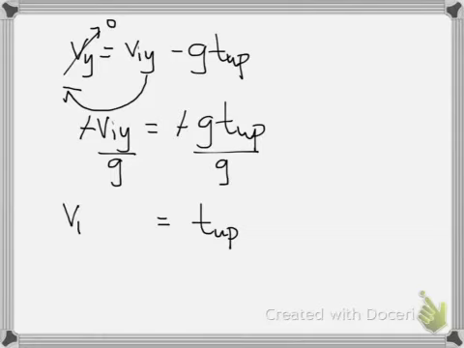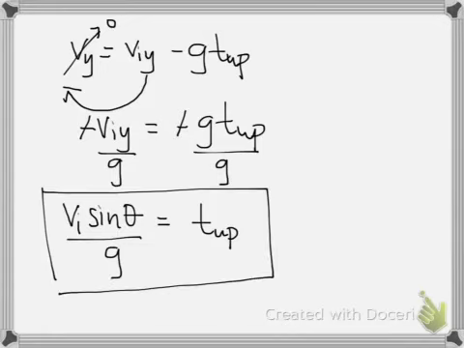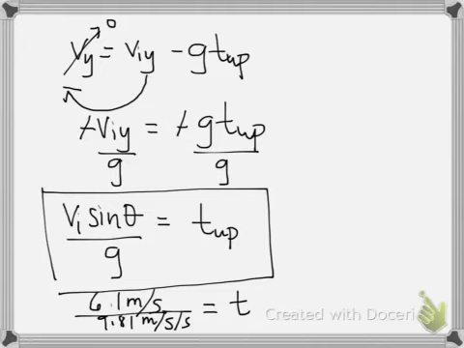If you want to use the original equation, it is V initial times sine of the angle over g, and that's going to be our T max. So you plug in the values. This is going to be 6.1 meters per second divided by 9.81 meters per second squared, and that's going to give you your time in seconds.